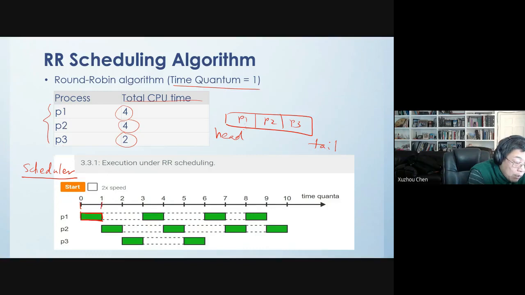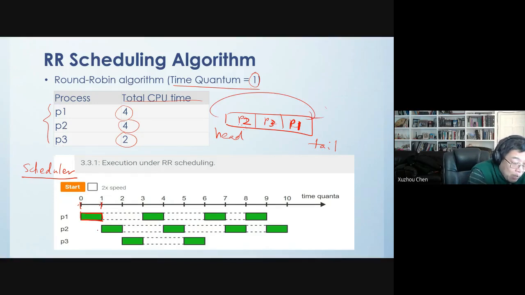Remember the time quantum is 1, so we only run for 1 time unit. Then process 1 is put in the tail, process 2 is moved forward.